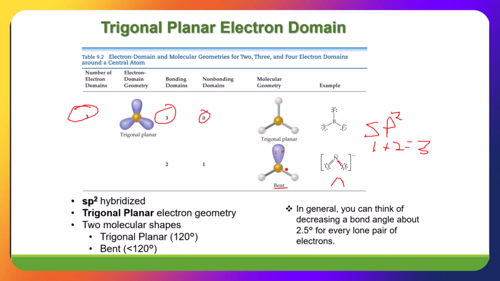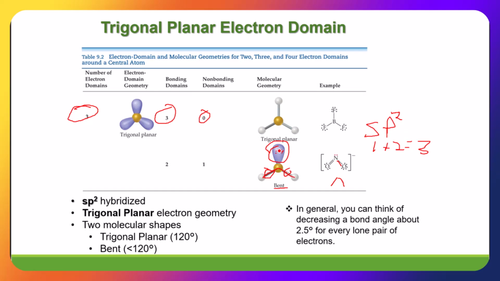And so we have 1, 2, 3 electron domains. It's still sp2 hybridized. Remember, the hybridization depends on the number of electron domains, whether they're bonding domains or non-bonding domains. And you have 3, so it's sp2 hybridized, but the molecular geometry is different.